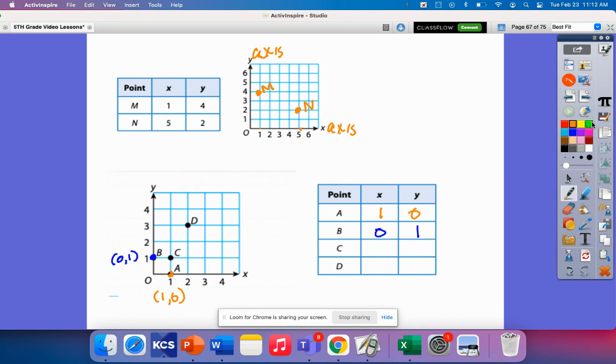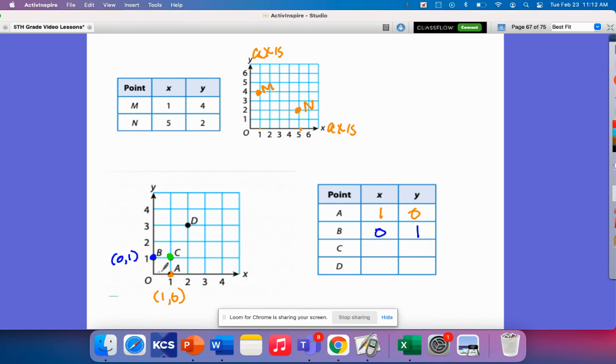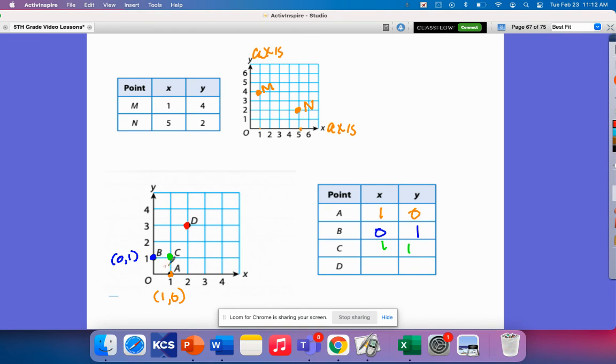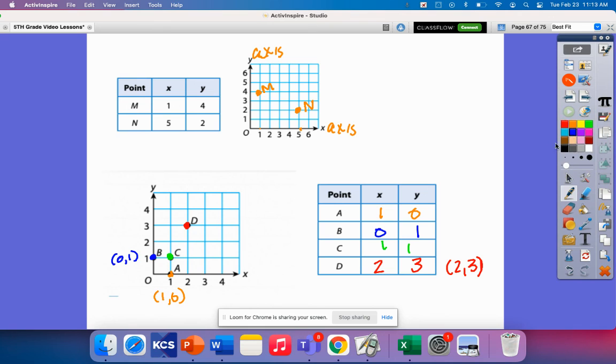Now let's find C. Point C right here, my X value would be 1 and my Y value would be 1. And let's find D. D would be 2 as my X value and 3 as my Y value.